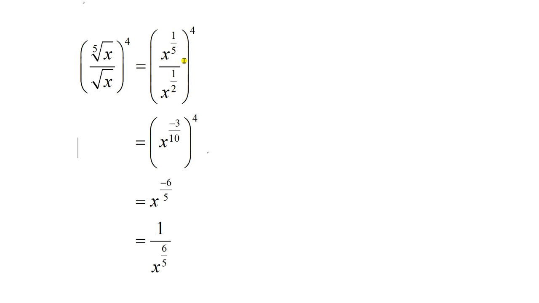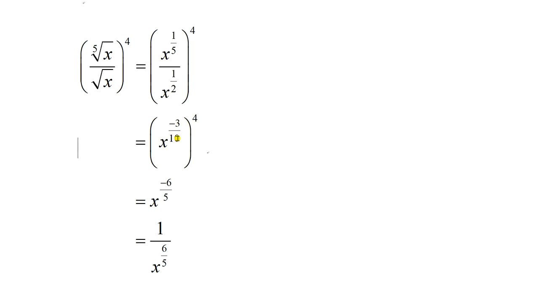And you should simplify something inside the bracket first. As you can see, the base of these two are the same. So when you are doing division, you just take the subtraction of the index. That will become negative 3 over 10. And then take to the power 4.